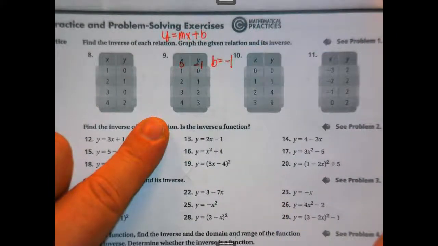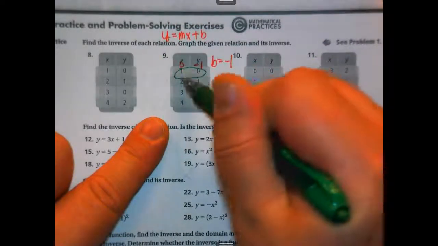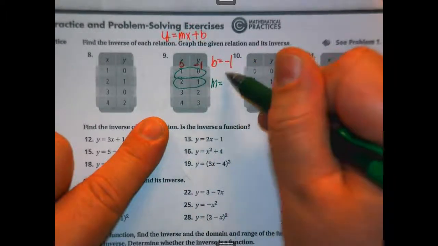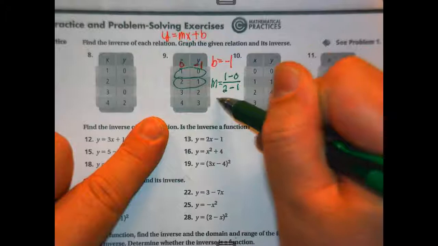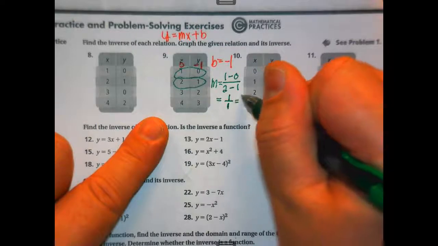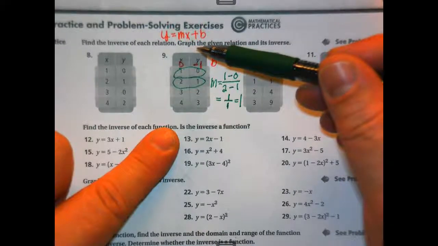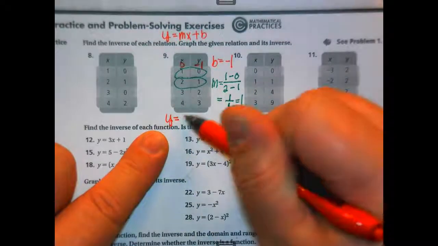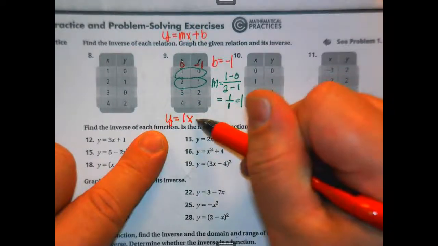What's my slope? Just pick 2 ordered pairs and put them in a slope formula: y2 minus y1 over x2 minus x1. What's 1 minus 0, and 2 minus 1? So my slope is 1. Let's put that into our line formula: y equals 1x plus b, -1.